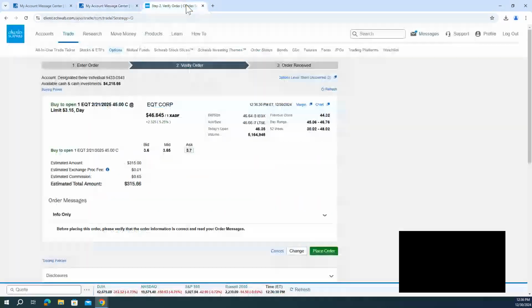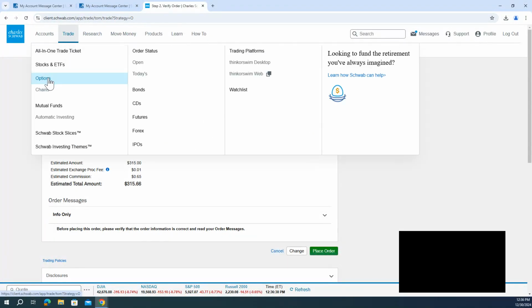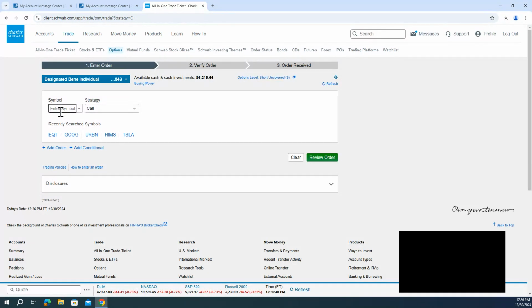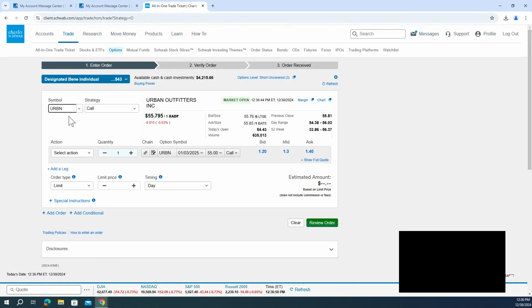So let's go back into our Schwab platform, and we're going to select trade and select options. Here we start off as always, entering our ticker, URBN. Select Urban Outfitters, and here we're buying the call.